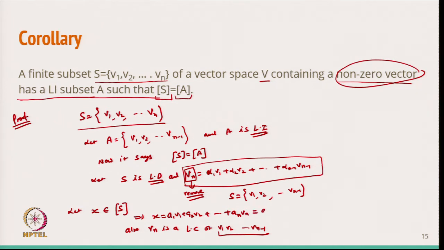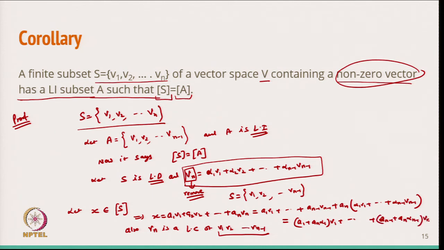So, this can be written as a1 V1 up to a n minus 1 V n minus 1 plus an Vn, and Vn I have already written as alpha 1 V1 up to alpha n minus 1 V n minus 1. So this can be written as (a1 plus an alpha 1) V1 up to (a n minus 1 plus an alpha n minus 1) V n minus 1. So, these are scalars again.